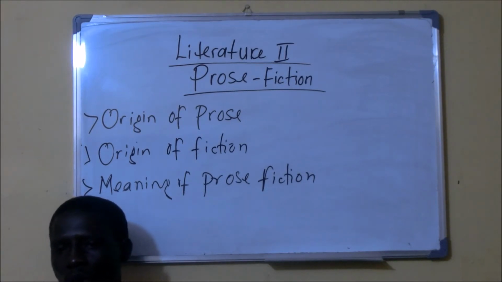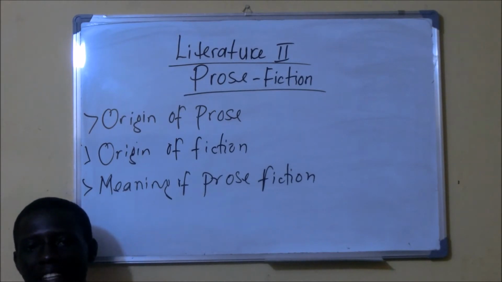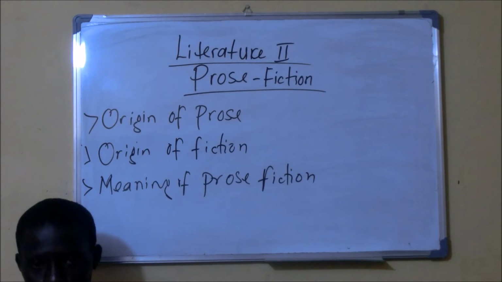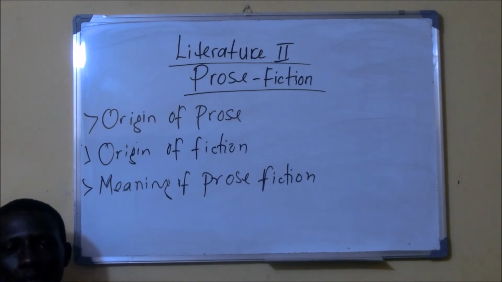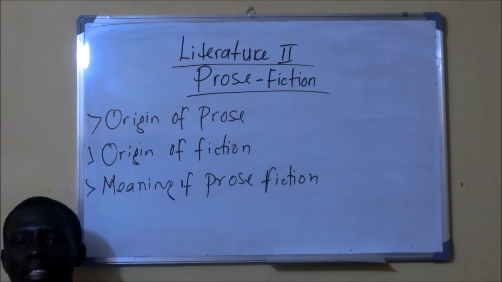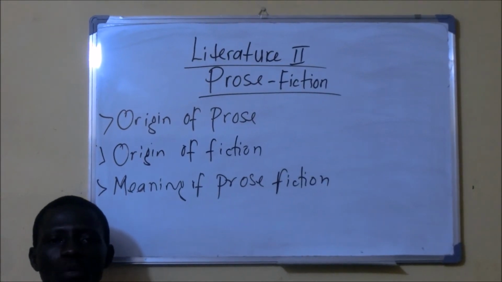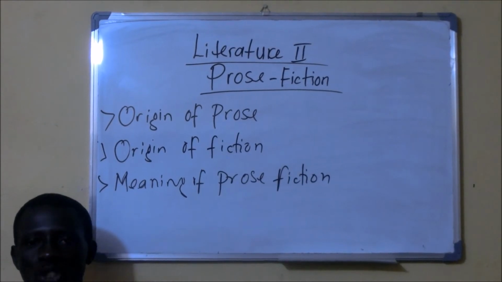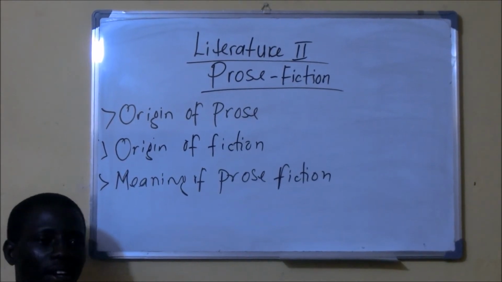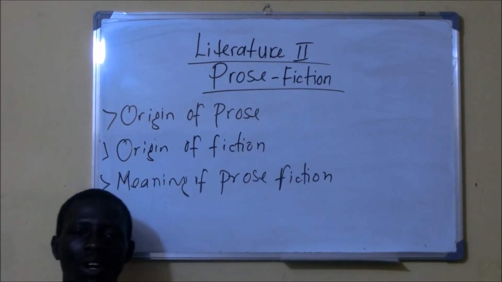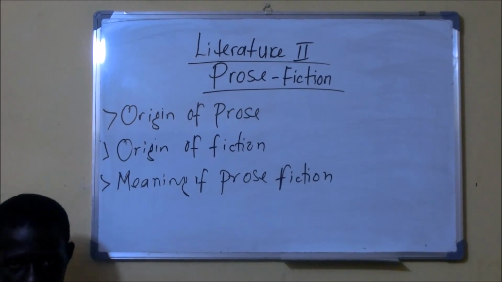Historically, by literary study, prose fiction is of a later history. Why? Because drama and poetry came into existence before prose fiction came into academia or into study. However, it is the second aspect of literature.